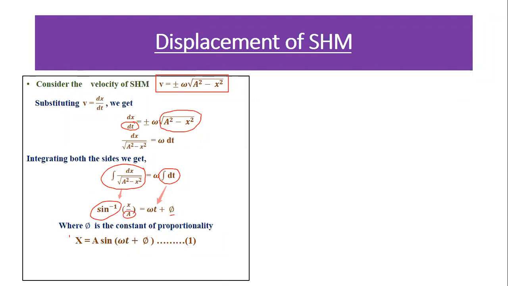So we get the formula x is equal to a sine omega t plus phi. This is the formula for displacement of SHM. After this, in the next article, we have to learn the cases for the displacement.